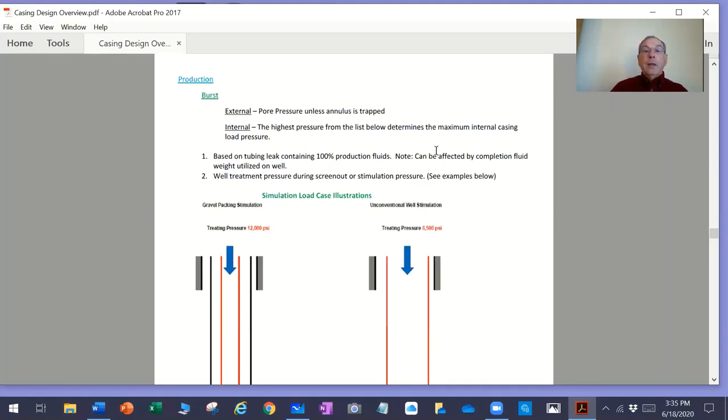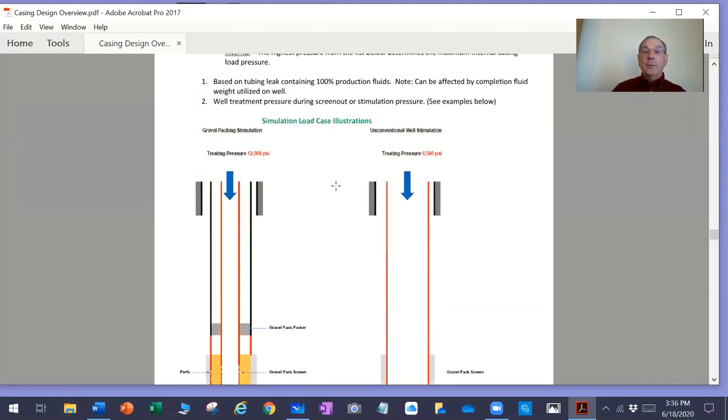So it's going to be based on a tubing leak with 100% production fluids, or case number two, a well treatment pressure during screen out or stimulation. I've made two examples just to illustrate this.